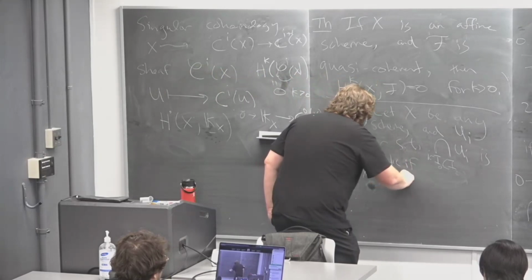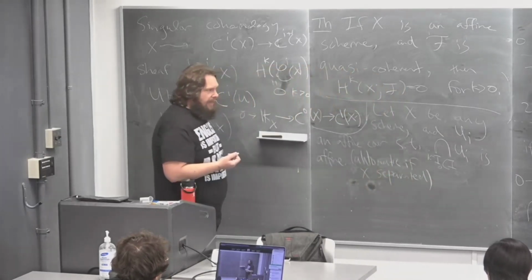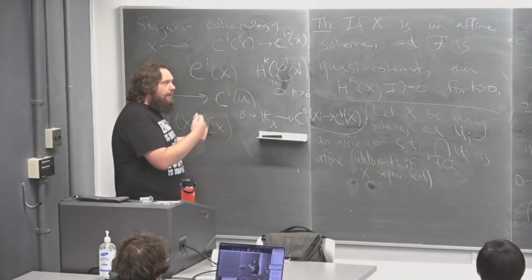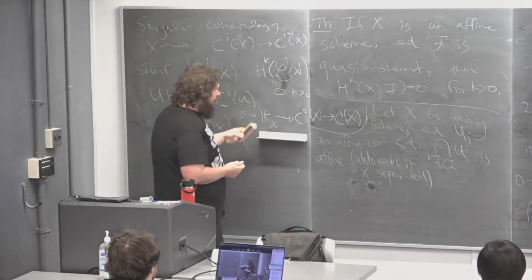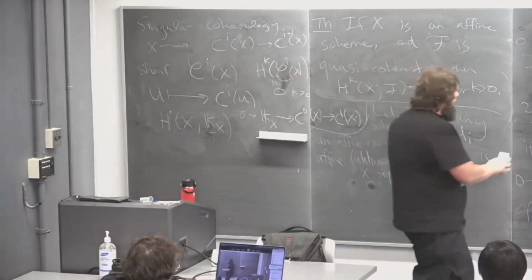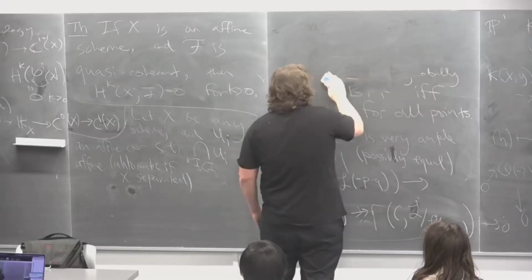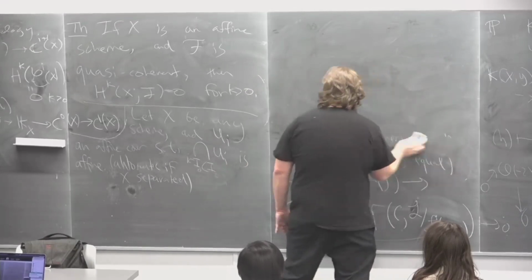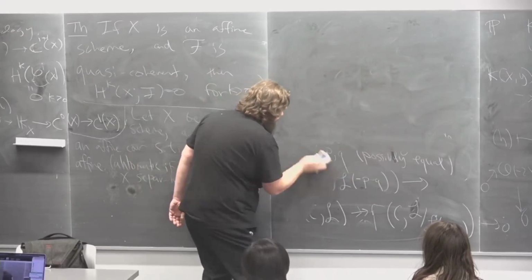If X is separated, then the intersection of two affine subvarieties is affine because it's the pre-image of an open affine in the product. And if I'm separated, then my diagonal map is affine because it's a closed embedding. More generally, people will talk about the property of having affine diagonal, but in the kind of stuff we're thinking about, that usually just means separated.